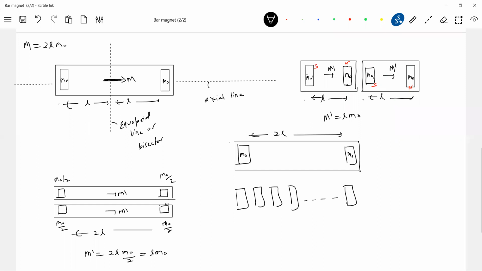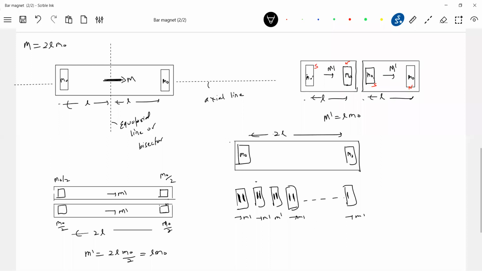Now what is the m dash, the dipole moment of an individual bar magnet? What happened to the pole strength? I don't have space, so I'll just show two lines. The pole strength will not change when you cut parallel to the bisector.